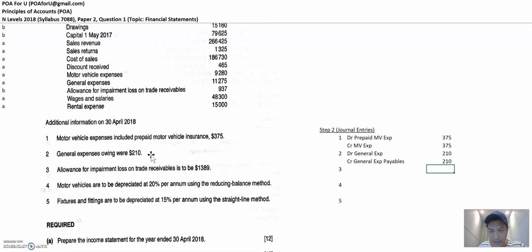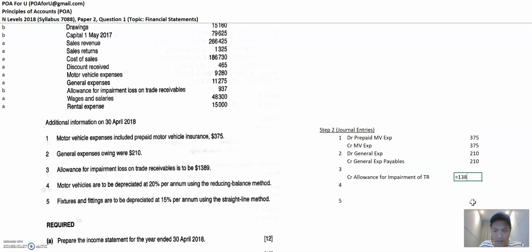The next thing, allowance for impairment on trade receivables is to be 1,389. So right now it's 937. Now this allowance is a credit in nature item. So if you want to increase it to 1,389, the first step is to credit allowance for impairment of trade receivables. And how much do you credit this? You credit this by the difference.